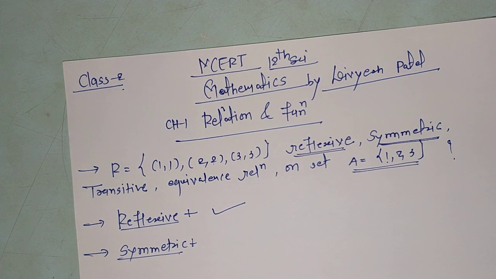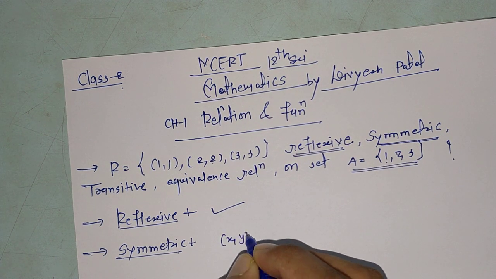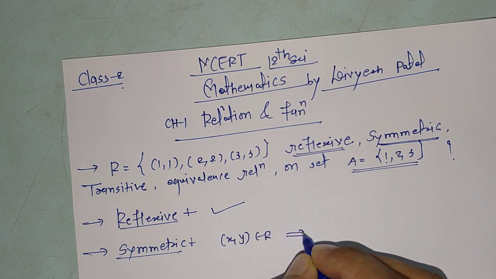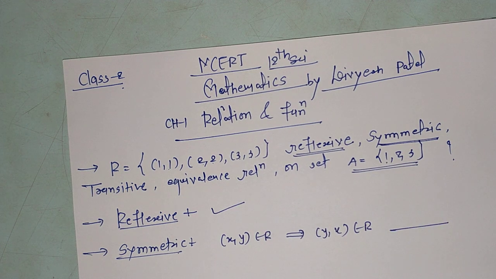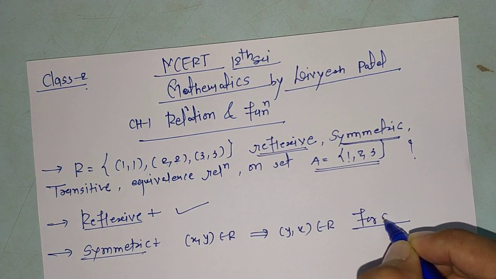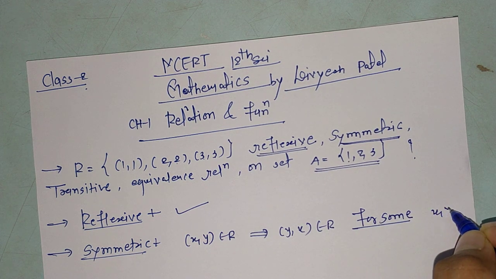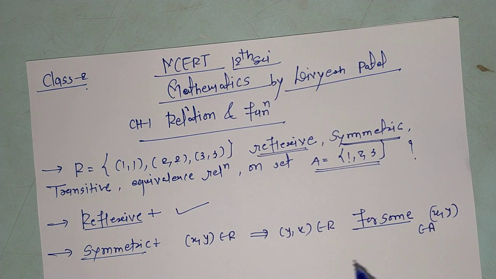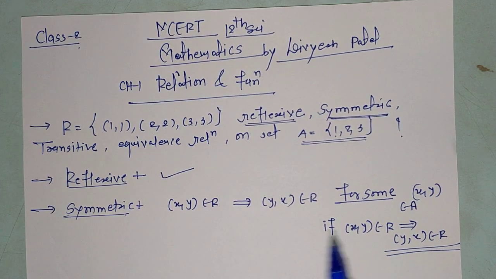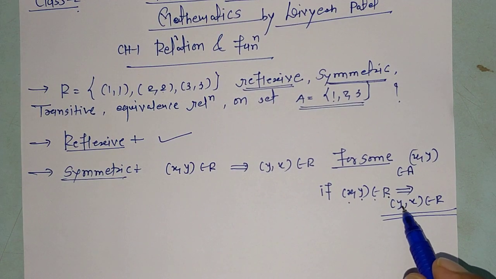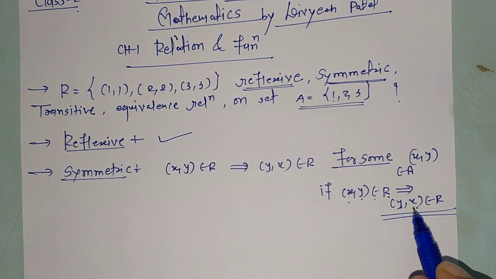A relation is said to be symmetric if, for some x, y belongs to A, if (x, y) belongs to R, it must imply (y, x) belongs to R. The definition says that if (x, y) exists in the relation, then the inverted order pair (y, x) must be there.